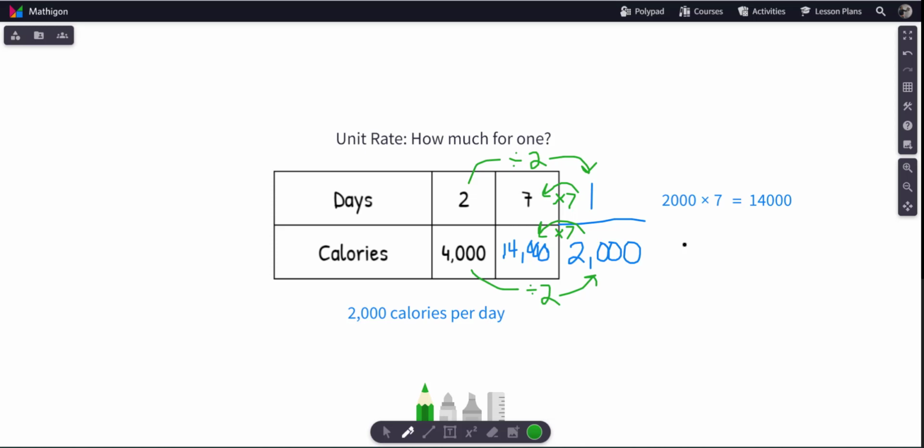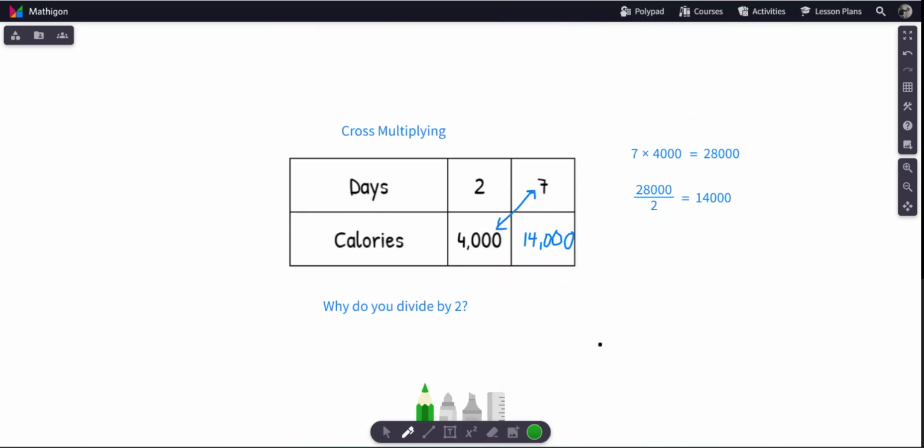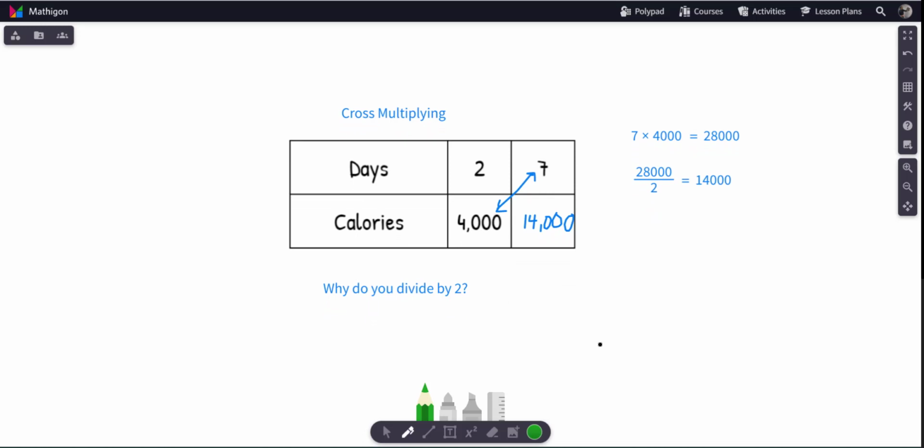So that seems pretty clear why we did that. It's important to understand why the math we use works. So it makes sense why we're doing each of these steps. We understand why we're cutting 4,000 in half, and then we understand why we're multiplying it by 7 to get 14,000.